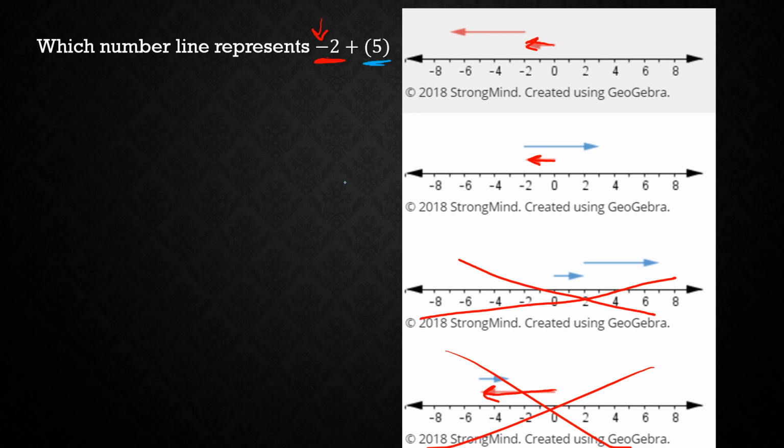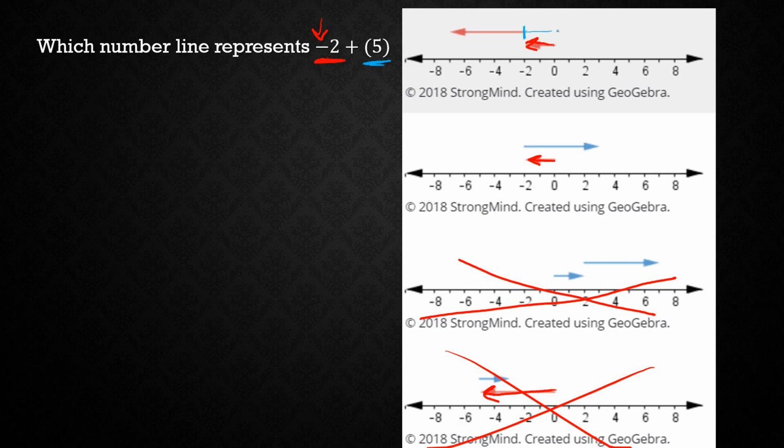Since this number is positive, my arrow should be going to the right because it is a positive number. Whenever you are doing your second arrow, your starting point of your second arrow is wherever your first arrow ended. So here, my starting point should be right here above -2 because that is where my first arrow ended.